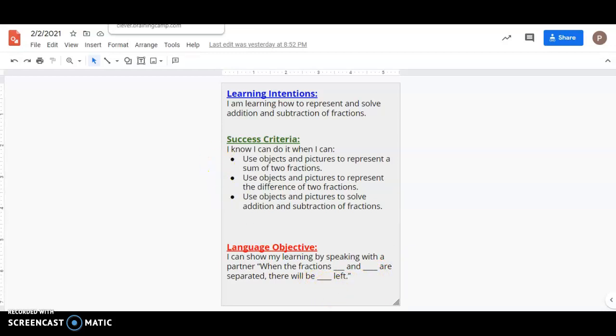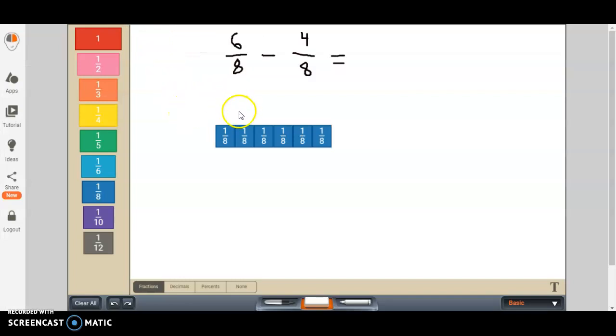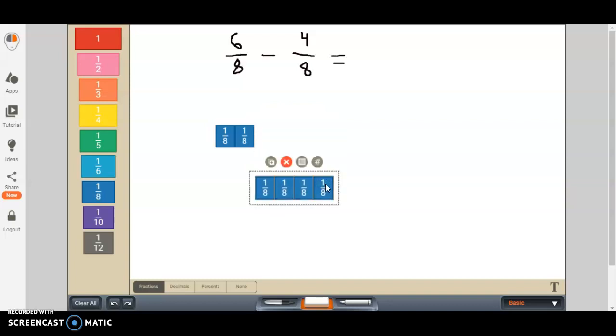Well, if we look, 6/8 minus 4/8 means that we are going to start off with 1, 2, 3, 4, 5, 6/8. And I'm going to take away 4 of them to see how many are left.